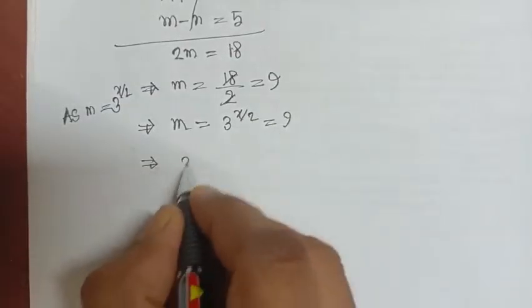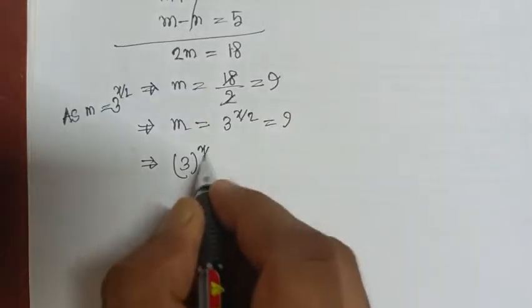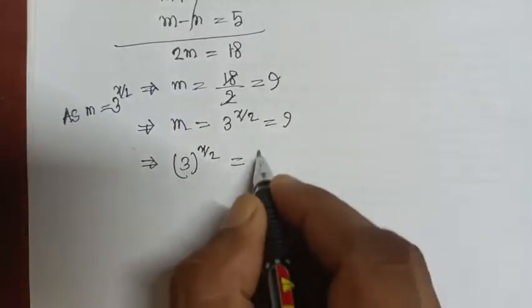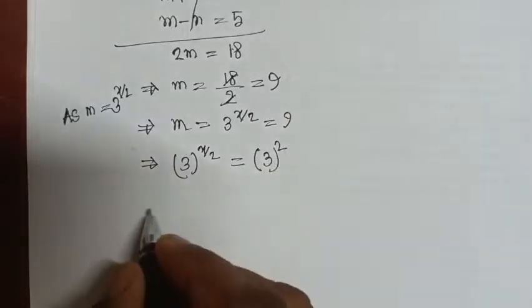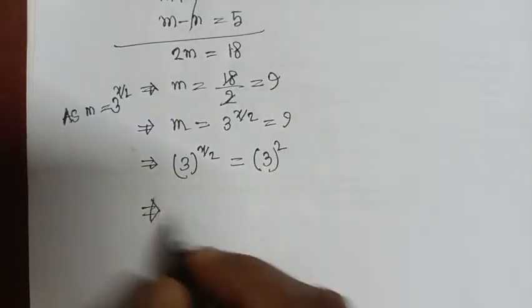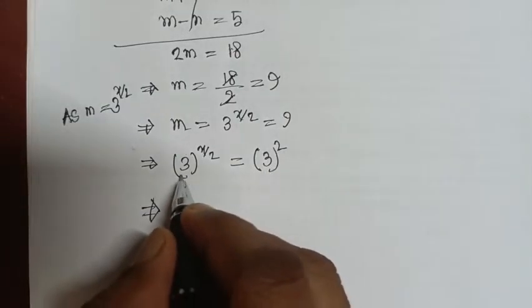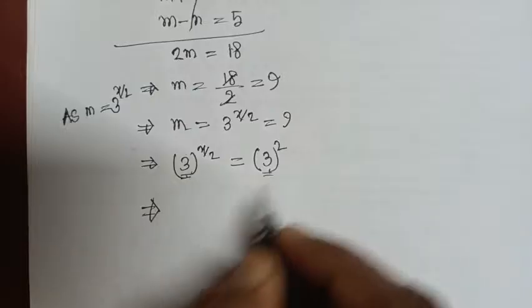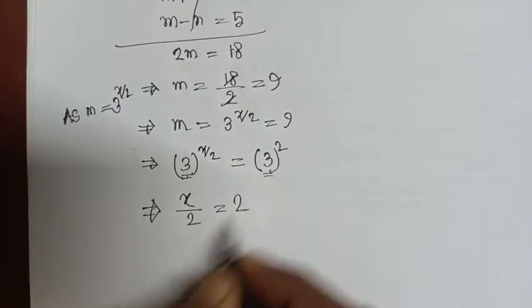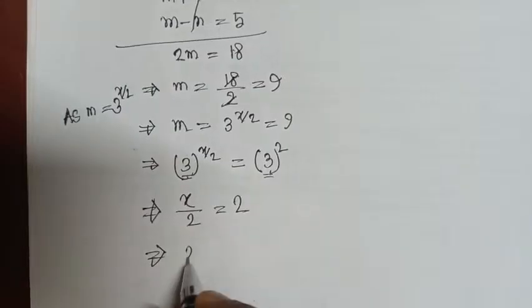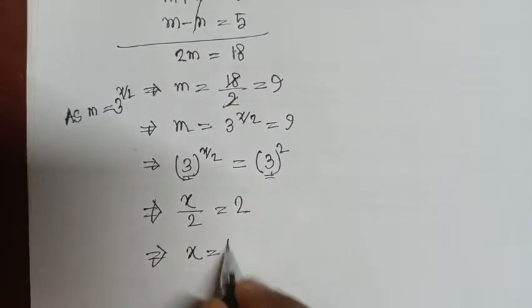Therefore 3 to the power x by 2 equals, we can write 9 as 3 to the power 2 or 3 square. Now both the sides' base are the same, 3, so we can write x by 2 equals 2. Therefore x equals 4.